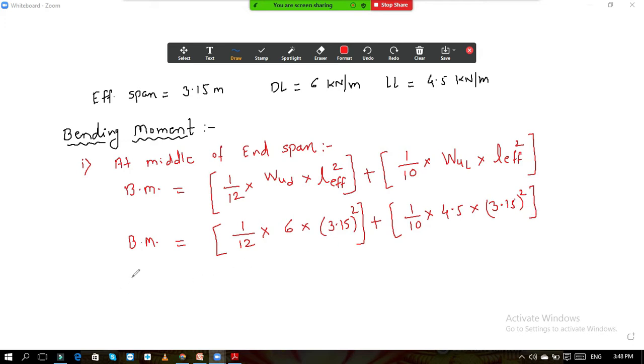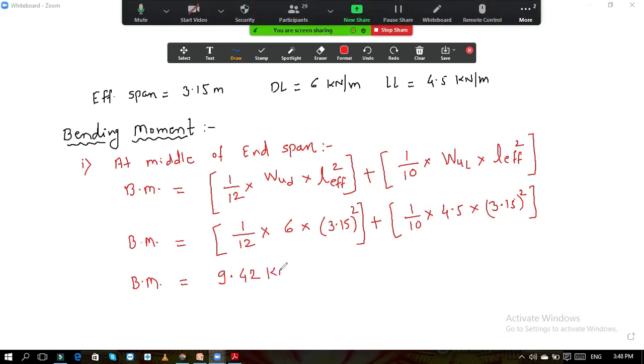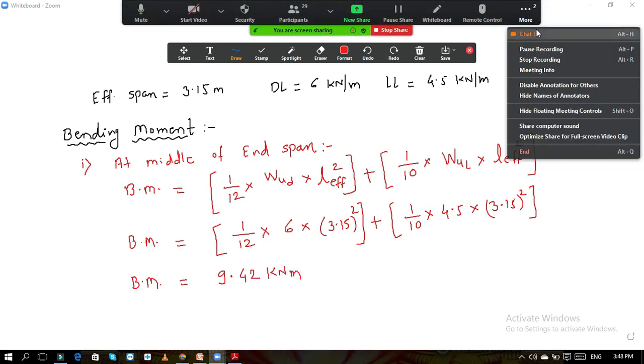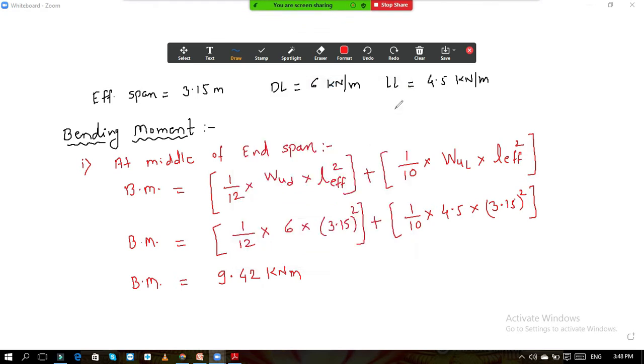Calculate this value quickly. The bending moment is 9.42 kilonewton meter. Check the answer. This is the bending moment at the middle of the end span. At the center of both end spans, this bending moment is 9.42. This is the meaning.